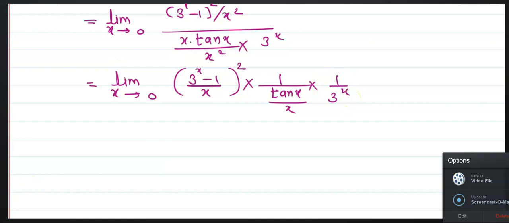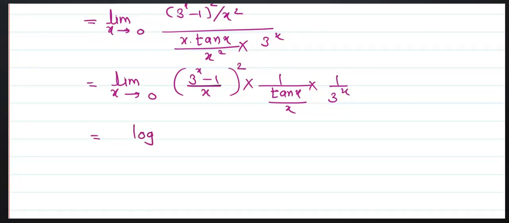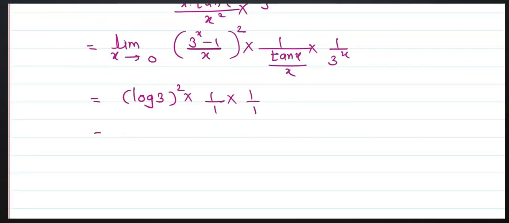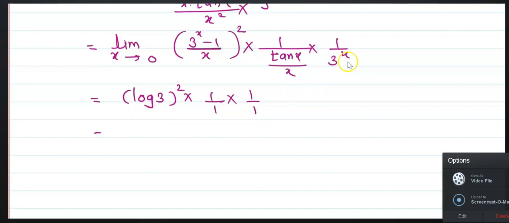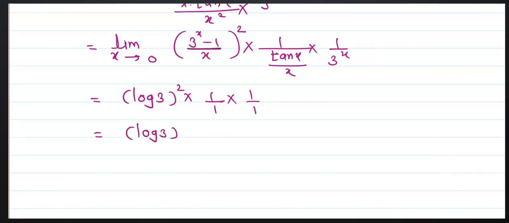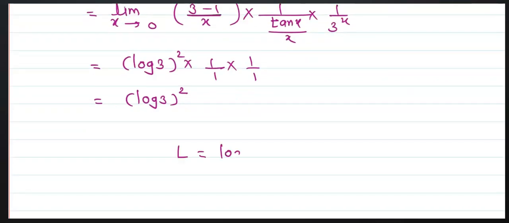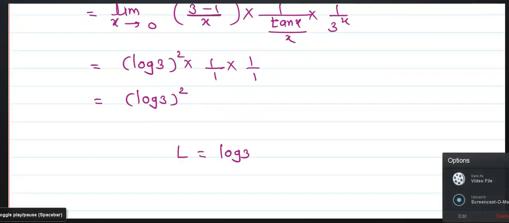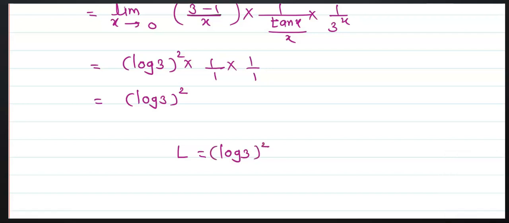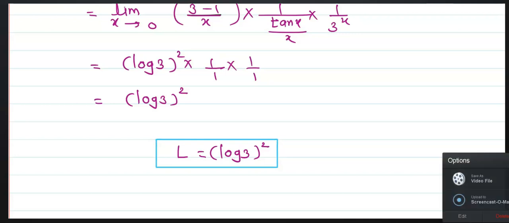Now the value of this limit, as x tends to 0, is log of 3 bracket square into 1 upon 1. Therefore, the value of this limit is log of 3 bracket square.